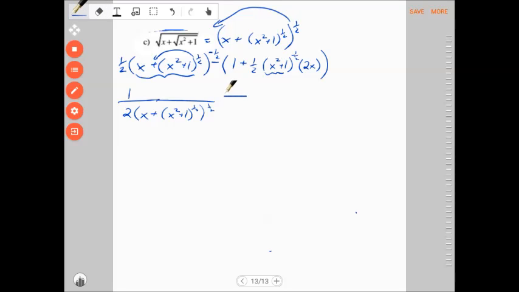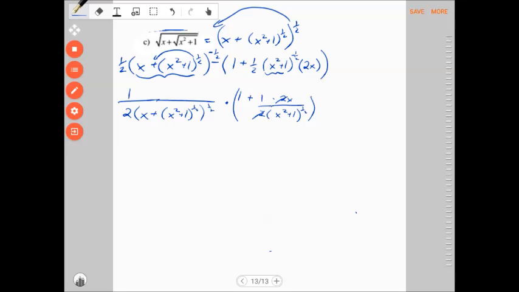Then we multiply by all of this. So multiplying by 1 plus, that's also a 1 over 2. So that's going to be x squared plus 1 to the half. And then that 2x times is 2x. Oh, look, the 2's cancel. We could have done that right at the beginning.